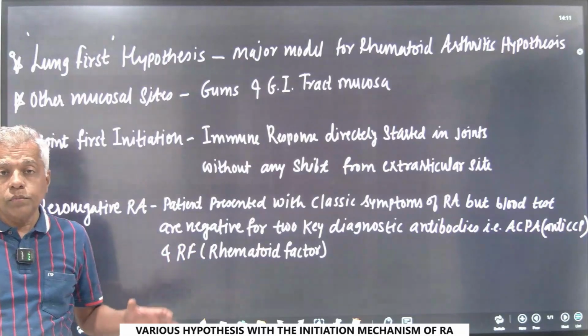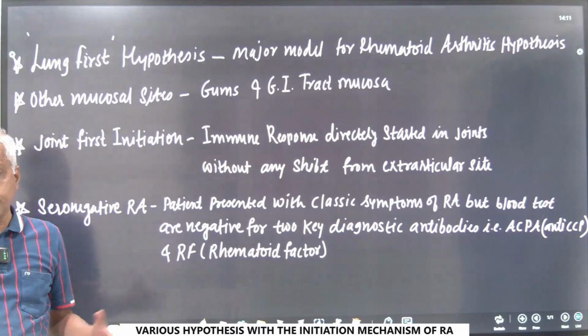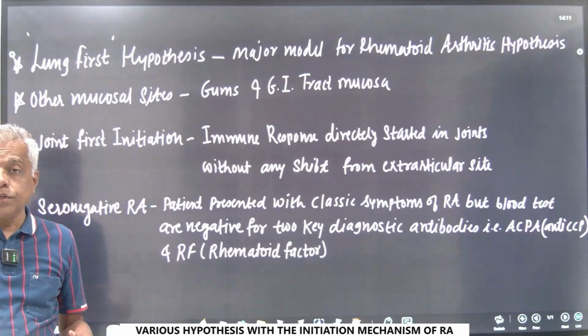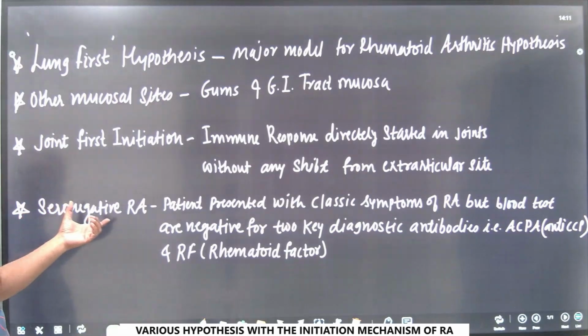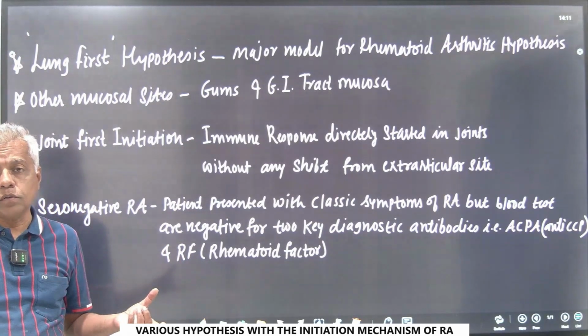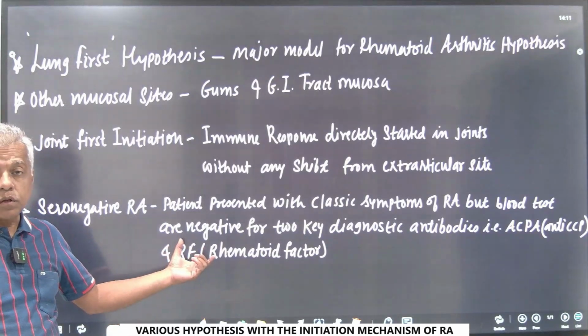So, it does mean that there must be some other mechanisms by means of which the patient is getting the symptoms of rheumatoid arthritis. And usually in these patients, sometimes what we call anti-CarP antibodies, or anti-carbamylated protein antibodies, are found positive.